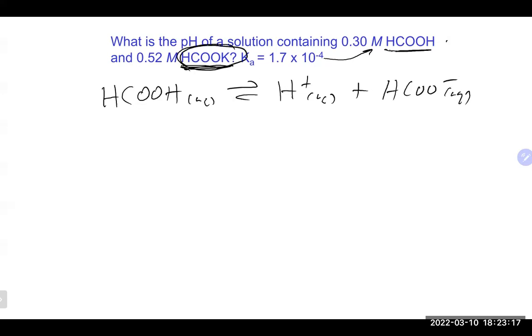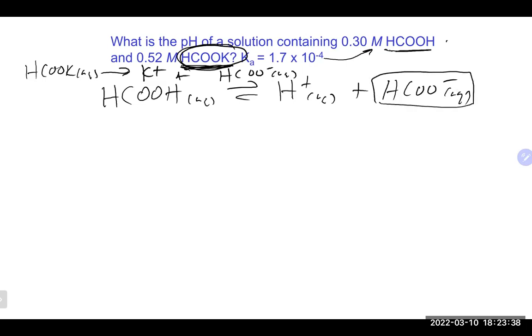This here is actually a salt, and it's going to 100% dissociate in solution, breaking apart into K plus and formate, with the formate being our common ion here. We should be able to see that these two are related to each other. We know that that is the acid, and that means the potassium formate would be the conjugate base.